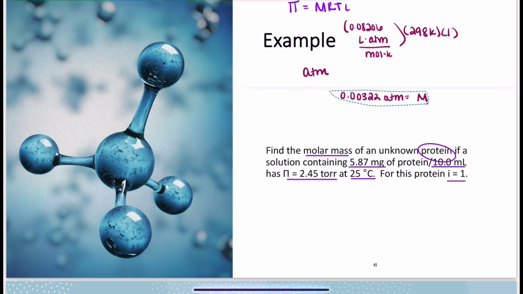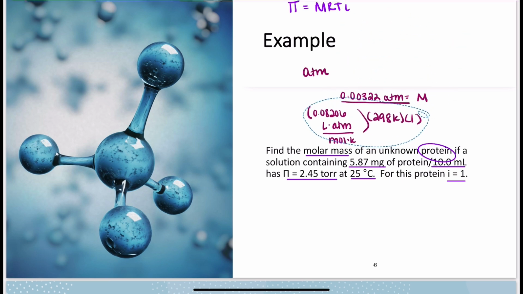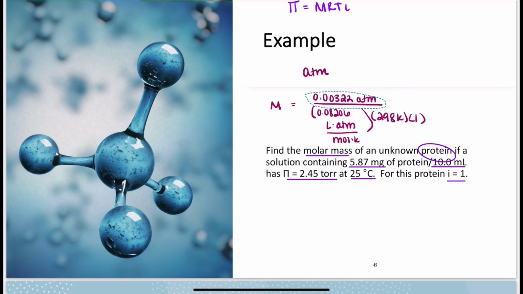I'm going to divide both sides by this to isolate it away from the M. I just like my M on the other side, which is why I did this. So my molarity is equal to my pressure divided by RTI. And that's what I have here.